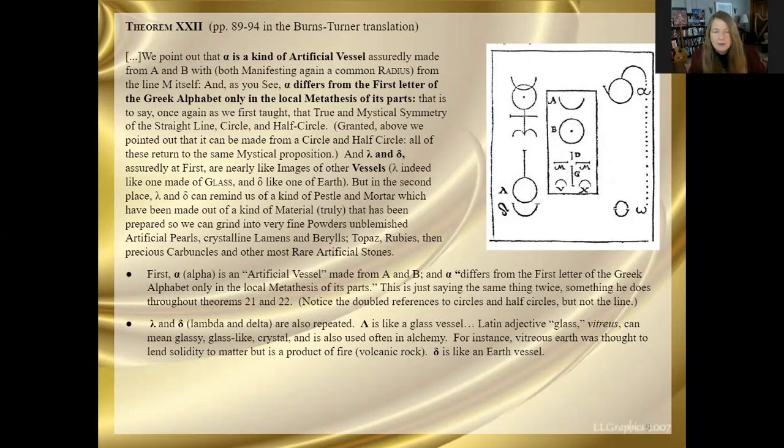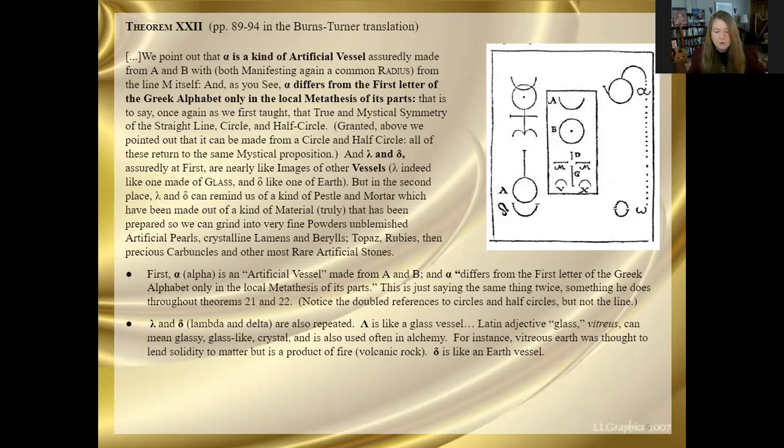But I want to talk about lambda as a glass vessel, because the word glass or glassy as an adjective in Latin, vitreous, is often used also for anything glass-like, for crystal, and it's an alchemical term. So vitreous earth, for example, since we're talking about delta as earth, was thought to lend solidity to matter, but it's a product of fire.